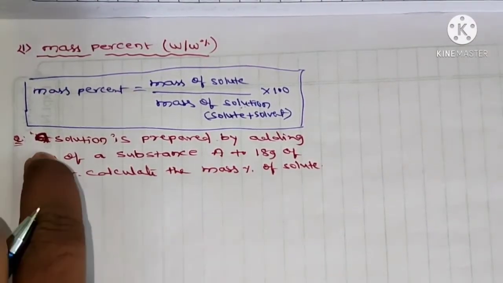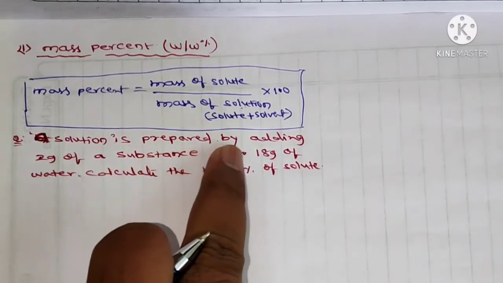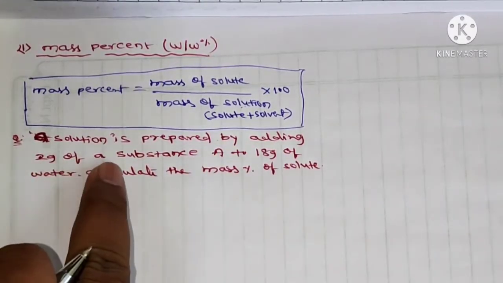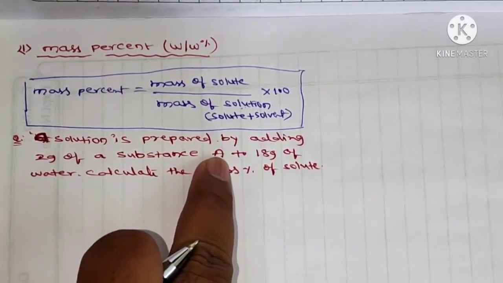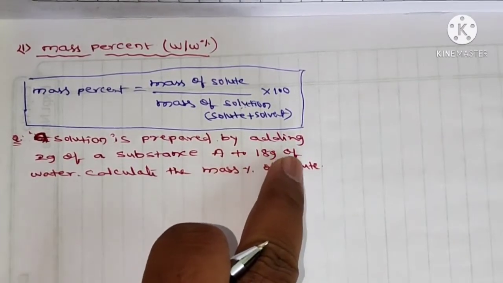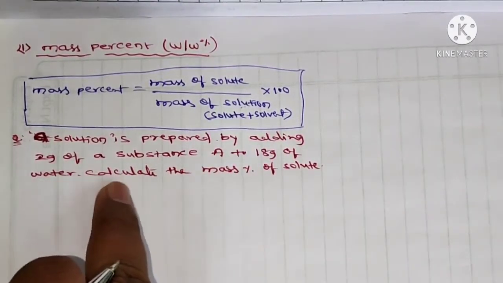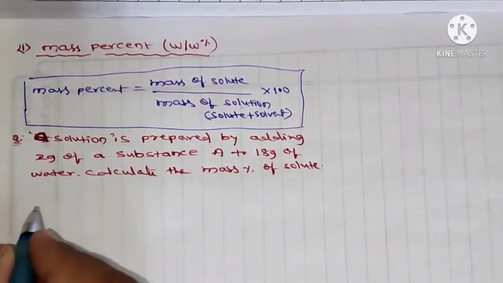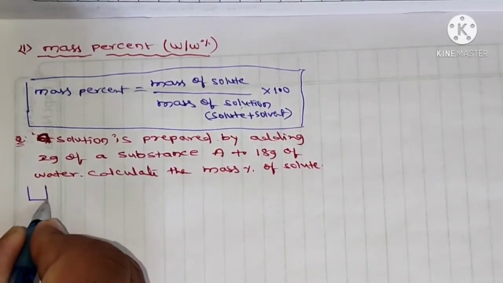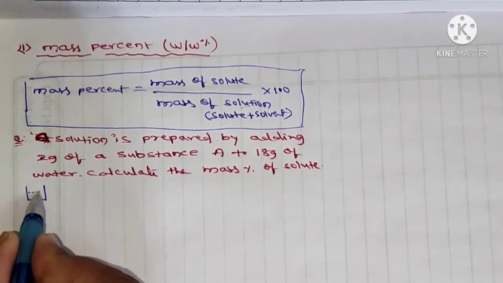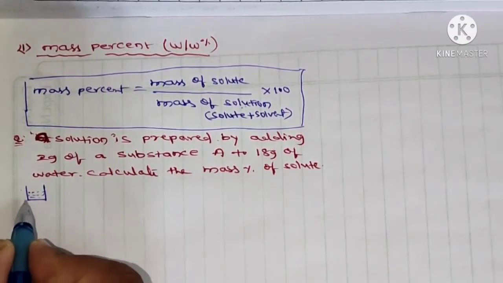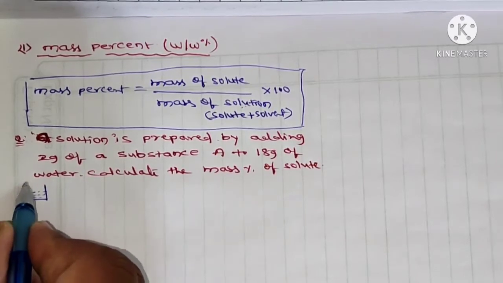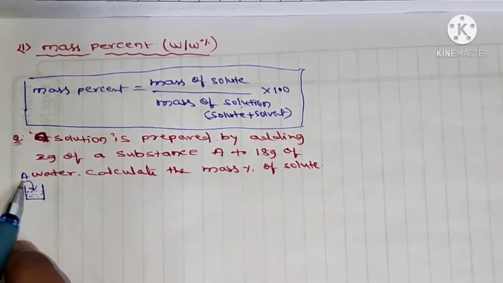Let us solve one problem. A solution is prepared by adding 2 grams of a substance A to 18 grams of water. Calculate the mass percentage of solute. I'm taking one beaker with the solvent, and I add substance A, the solute.